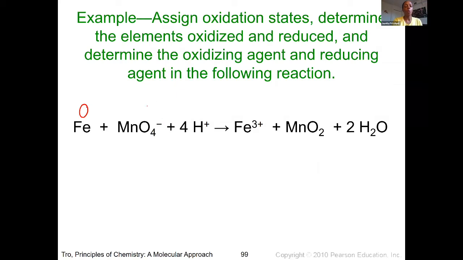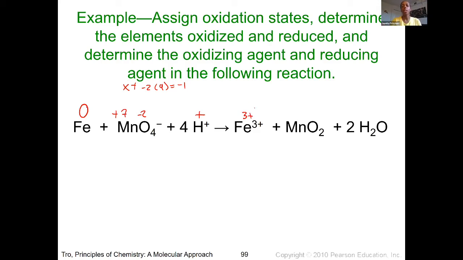And so oxygen takes priority as -2. If that's -2, but there's 4 of them and it has to add up to -1, our unknown manganese has to end up being +7. Hydrogen would be +1. Iron would be 3 plus.